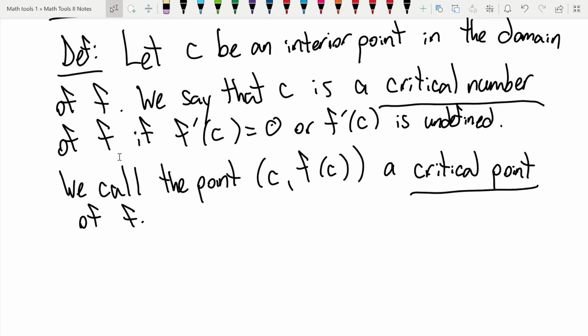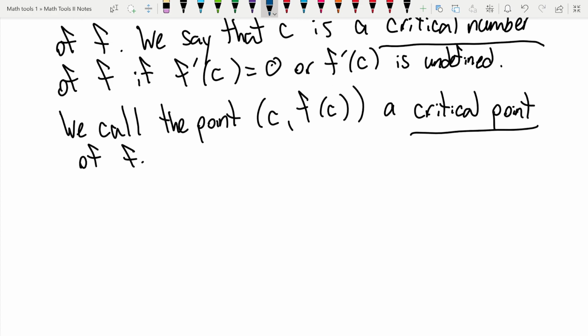So I don't know if we call this a theorem, or I guess we can, but it doesn't really have a name.